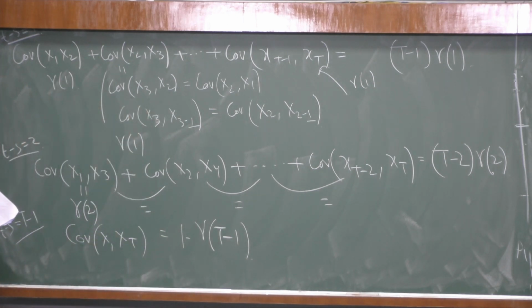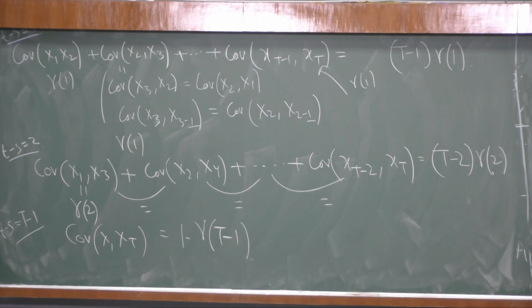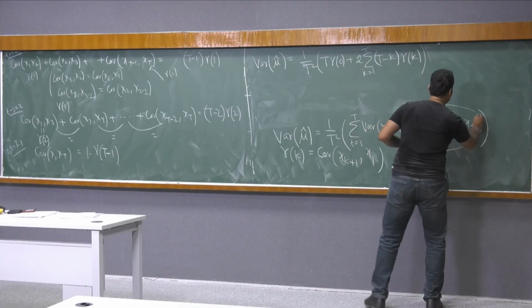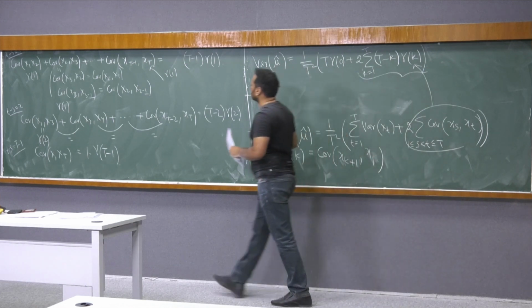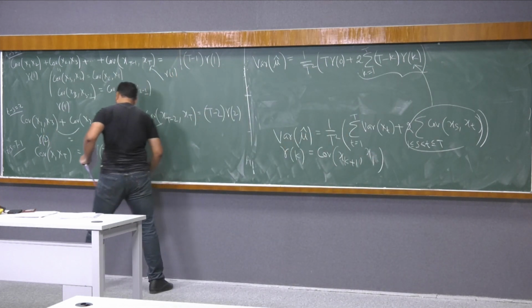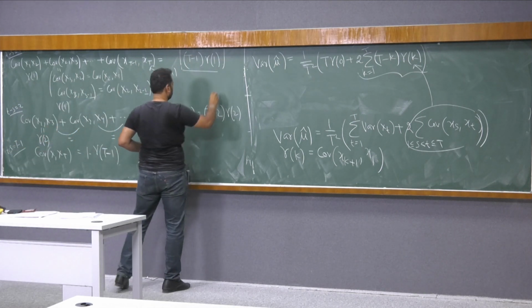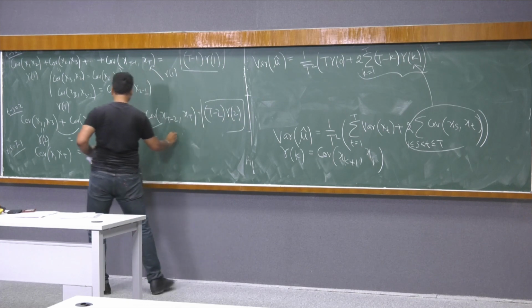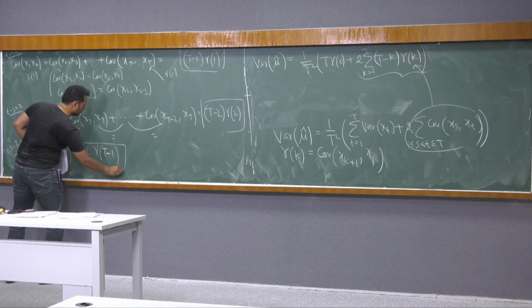Okay, so we have figured out how the second term looks. We have computed this second term, with the first term, second term, and so on, and then the last term, which is gamma t minus 1.